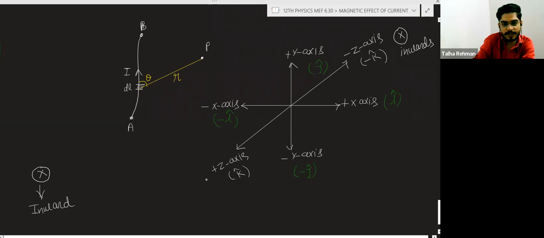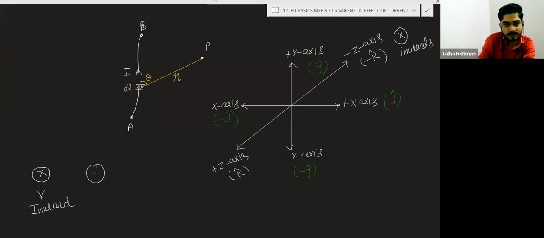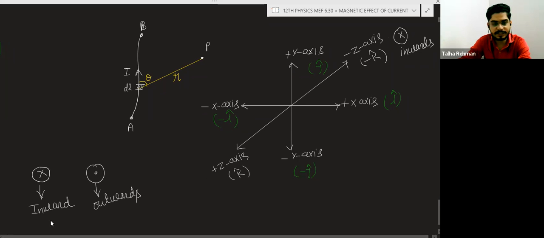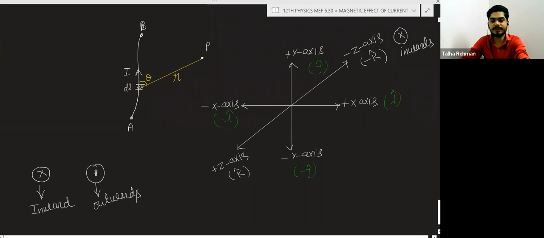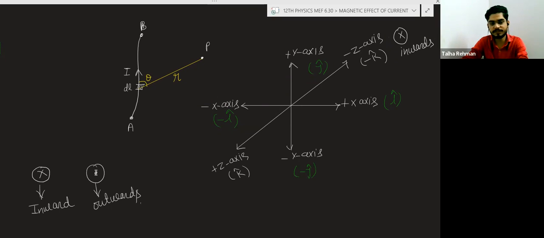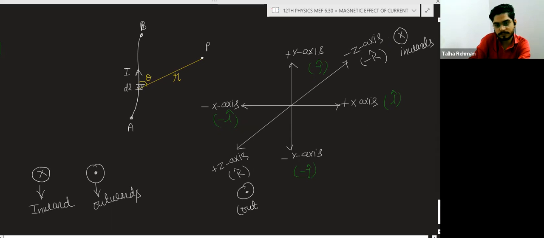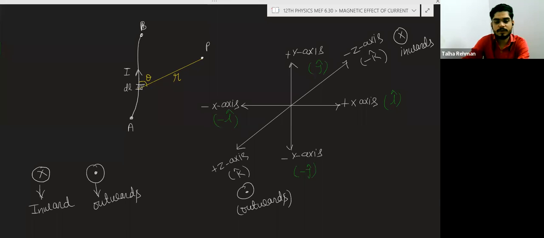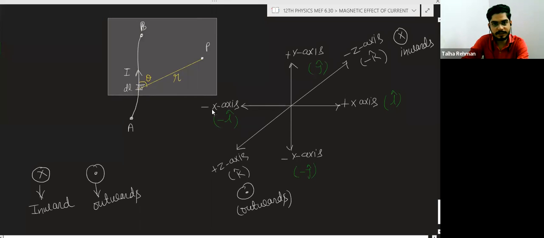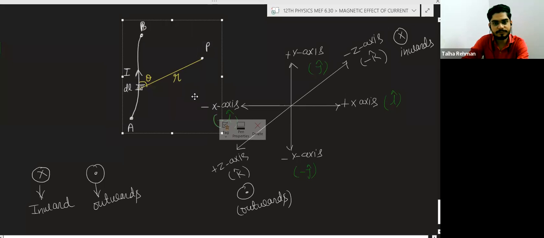Okay, if something is like that, this is termed as outwards, and this indicates that something is coming out of your screen towards you, towards the observer. So this is represented like this, and this is outwards.